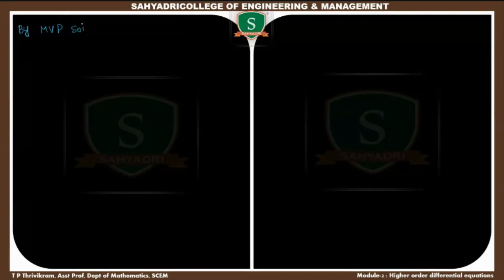Solve. First one, this one you take as homework. Second one I will do. So d square y by dx square minus 2 into dy by dx plus y is equal to e power x by x. So this one you take it as homework. I'll do with this.